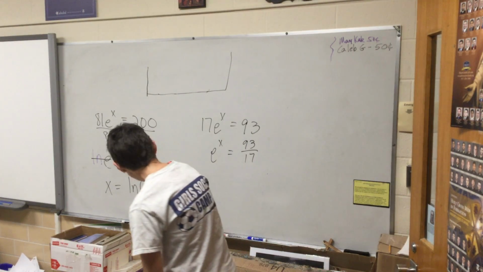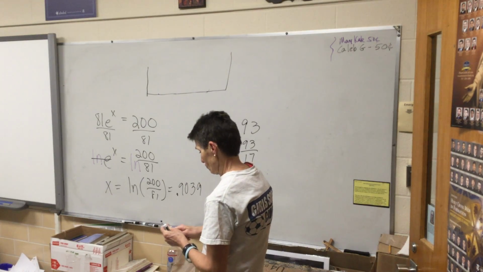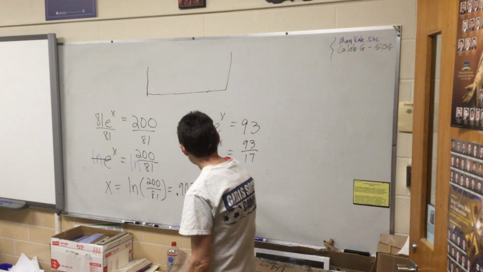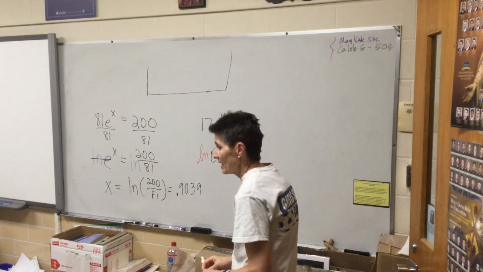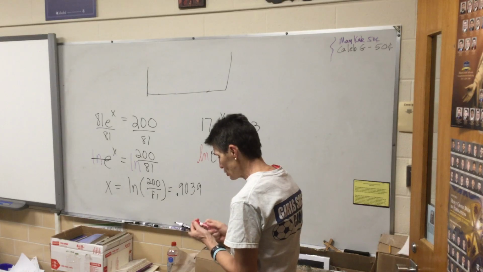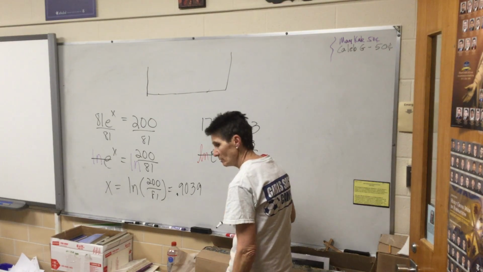And then Miriam, what will I do next? Adding ln to both sides. I'm going to take ln of both sides. That's a logarithm. It's the same as loging, but I'm using ln so that those will cancel.